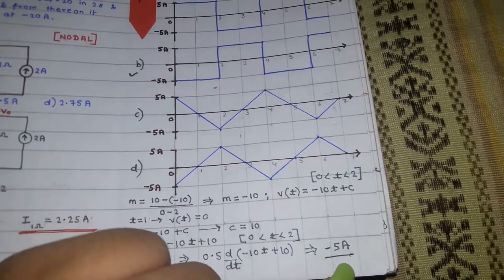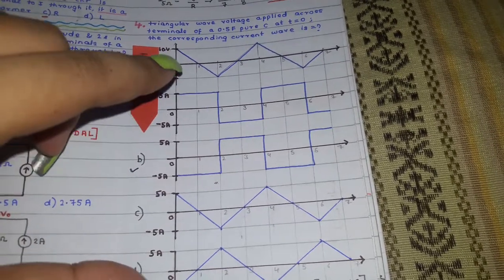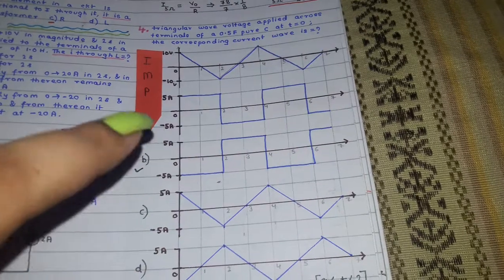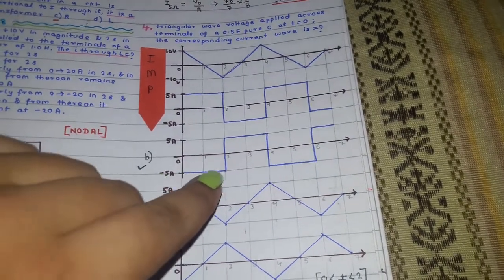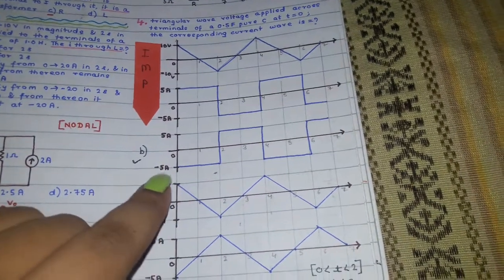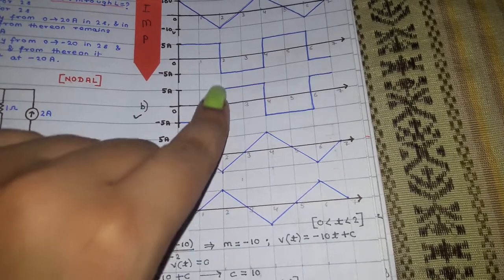Now you have to keep one thing in mind, which is that if you apply a triangular wave voltage across a capacitor, the nature of the current waveform is rectangular. And it is starting from minus 5 ampere. We have solved it, it is minus 5 ampere, so this will be the right answer.